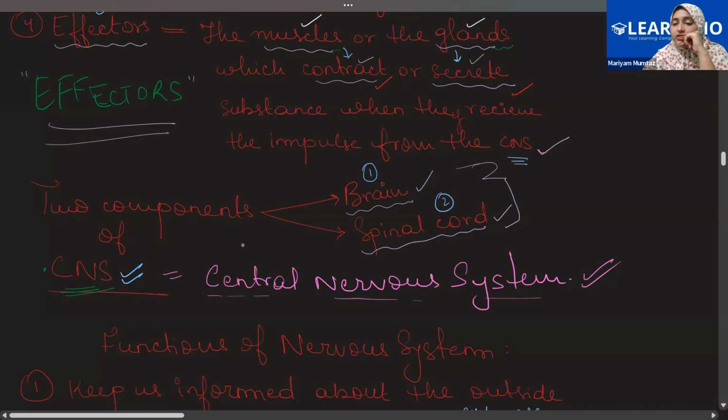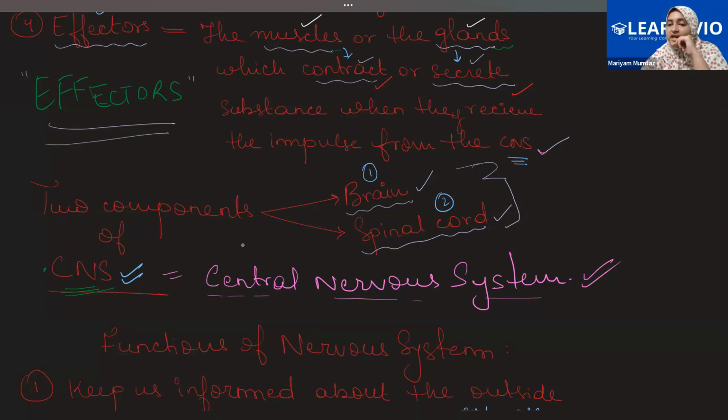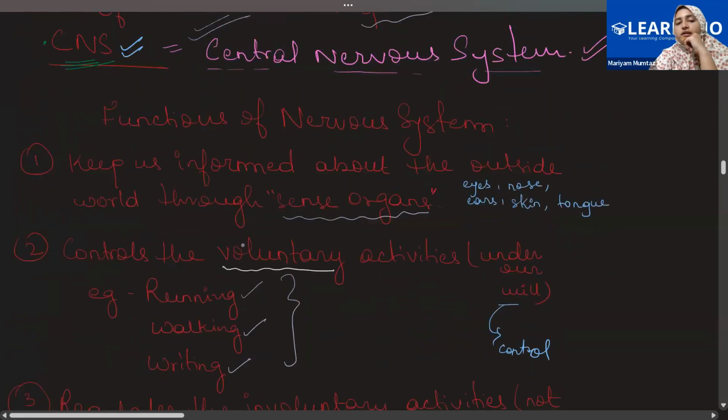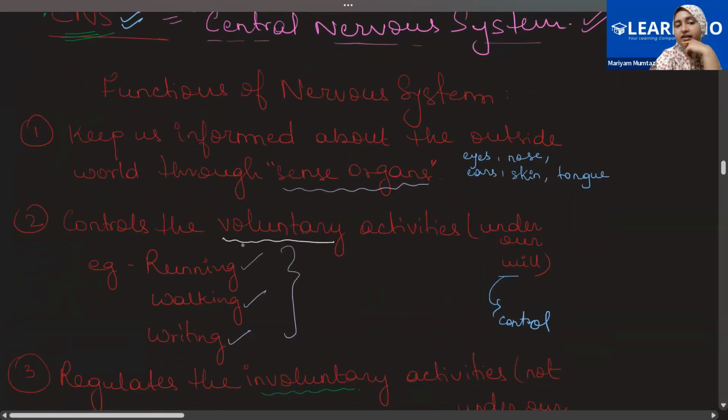The way we work, the way we are, the way we do things, and every single thing that makes us who we are, it's because of the brain and the spinal cord, meaning collectively it's because of the central nervous system.